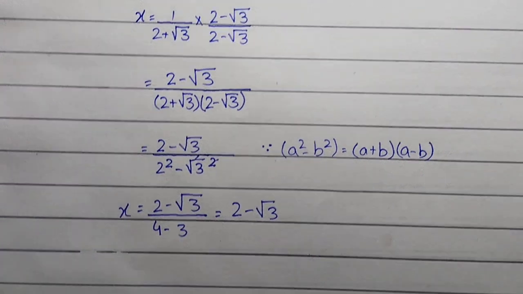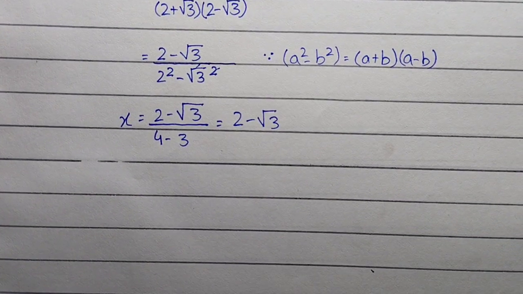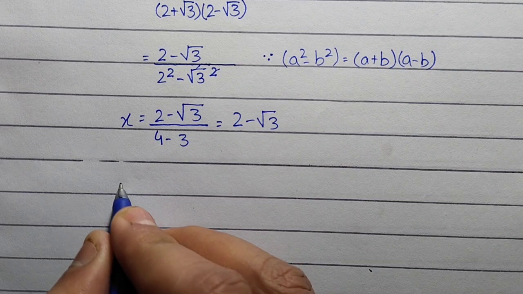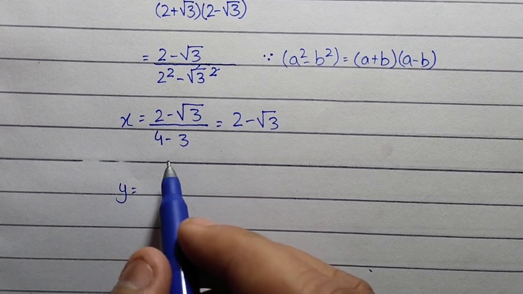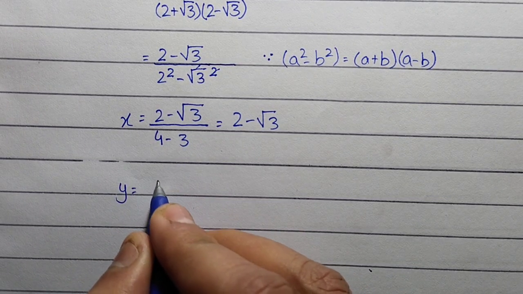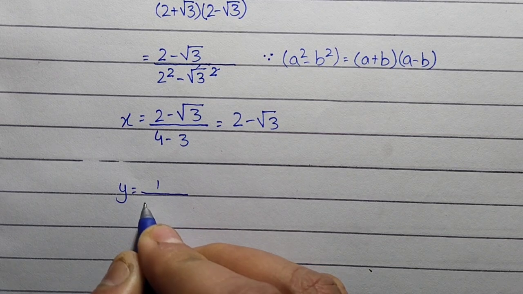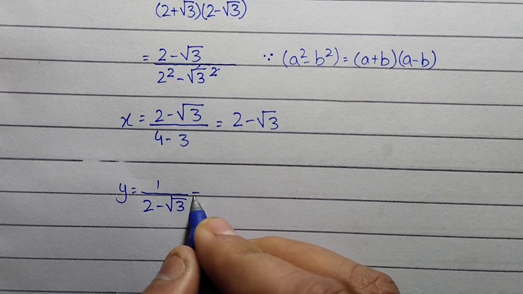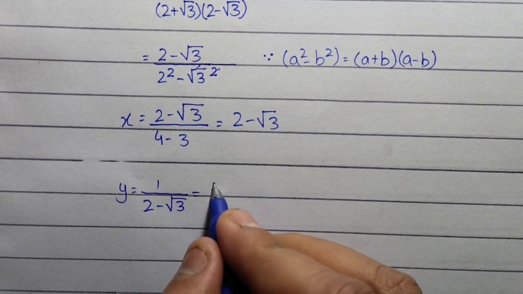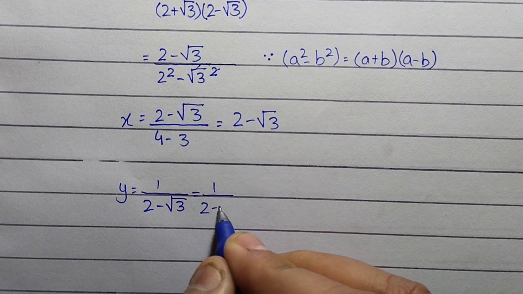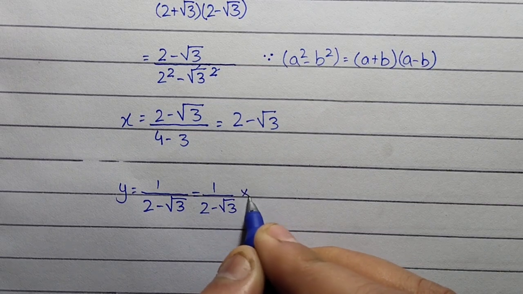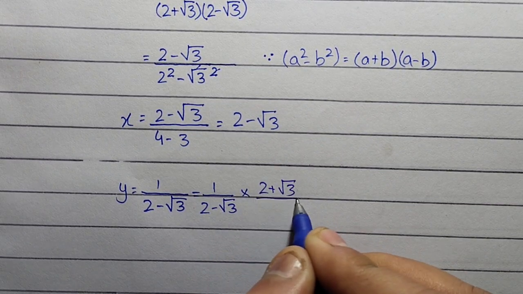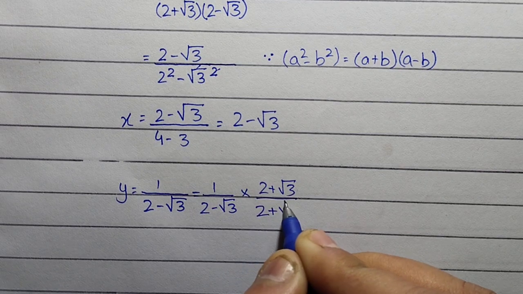In the next step we will simplify the value of y. y is equal to 1 over 2 minus root 3, and this can also be written as 1 over 2 minus root 3 multiplied by 2 plus root 3 divided by 2 plus root 3.